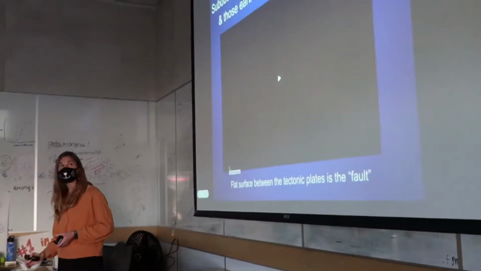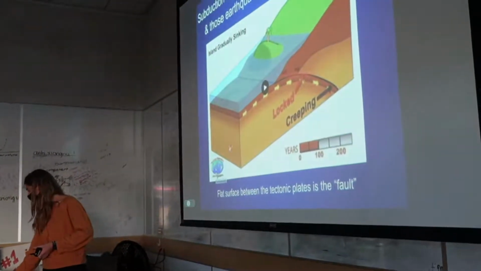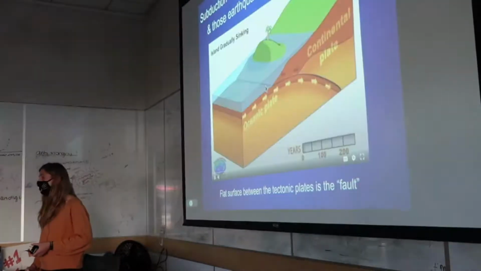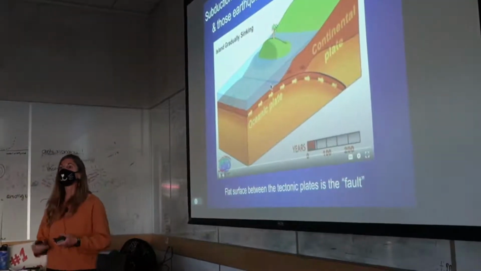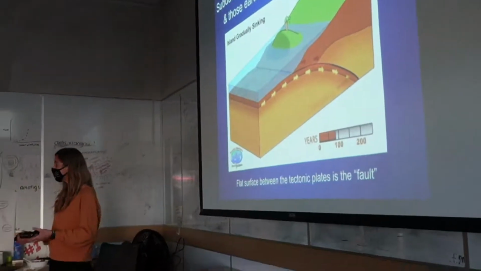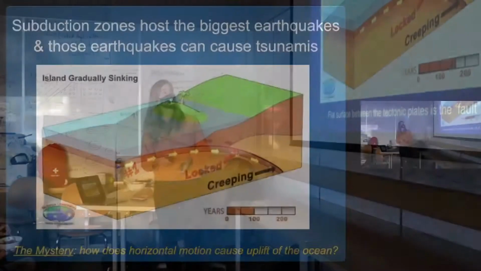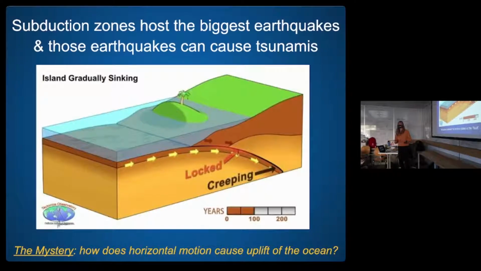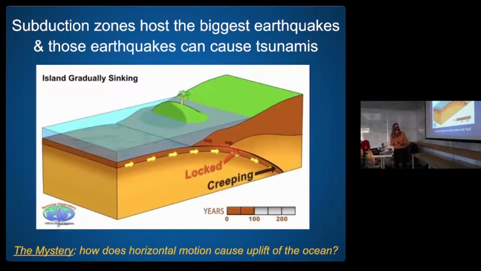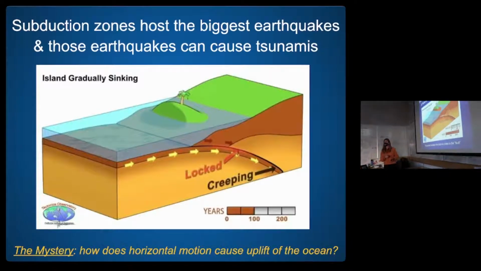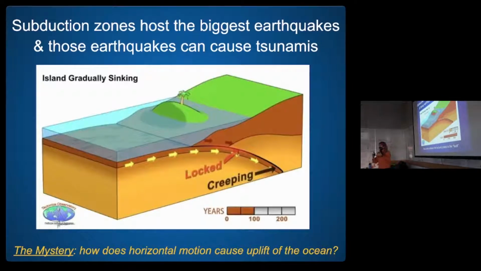This earthquake happened on a subduction zone. Subduction zones host the biggest earthquakes, okay? And they also have a double hazard because often these earthquakes cause tsunamis. Okay, so this little GIF is kind of showing what happens. Over long time periods, stress builds up until finally it overcomes the frictional strength of the interface and you get an earthquake.